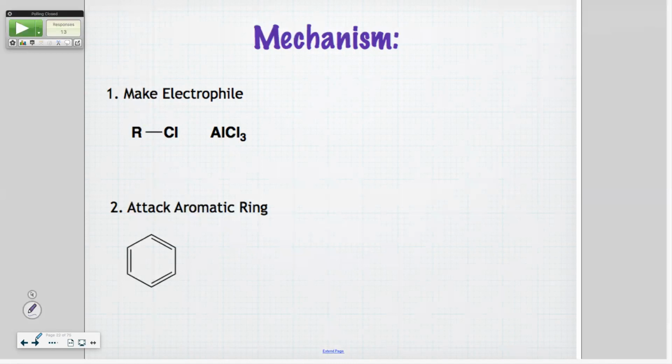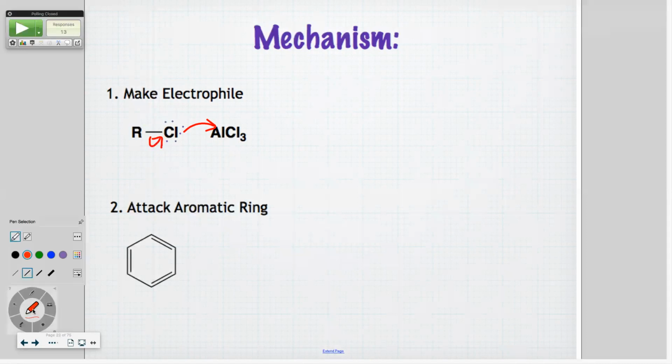All right, so here is RCl. This is our alkyl halide, and we're going to react it with aluminum trichloride. Okay, so when we do that, the aluminum is going to go for the chlorine's lone pairs, and this bond is going to break.